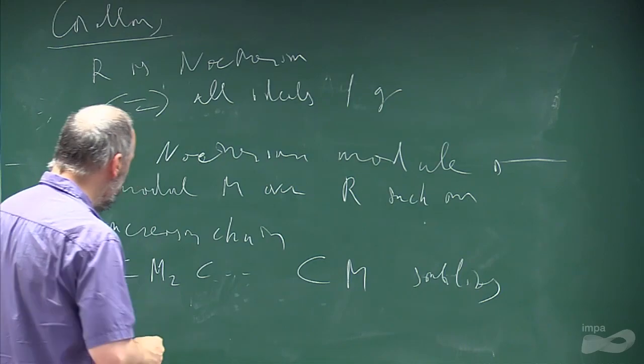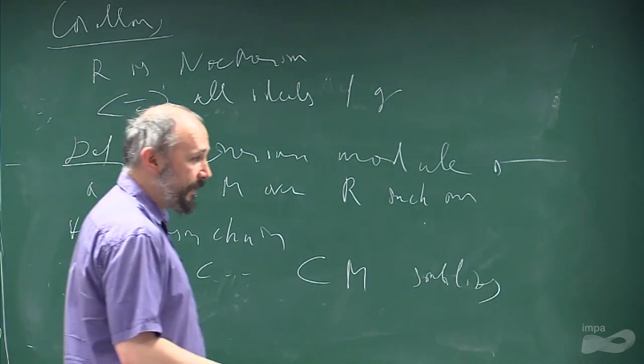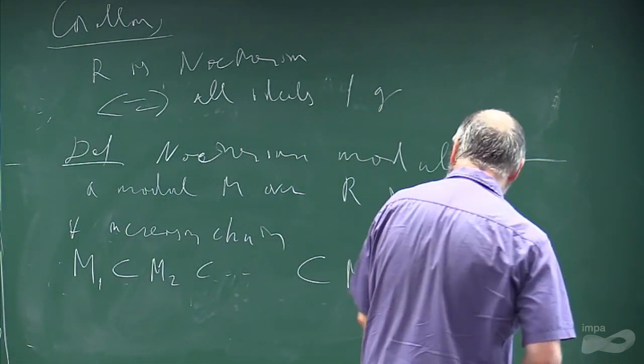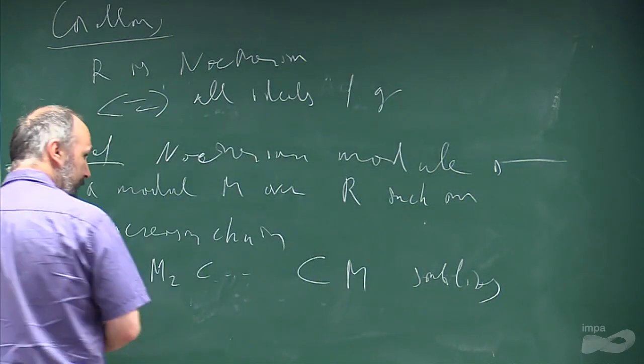Of course, a submodule of R is the same as an ideal, so what we need to show is that R itself is a Noetherian module.